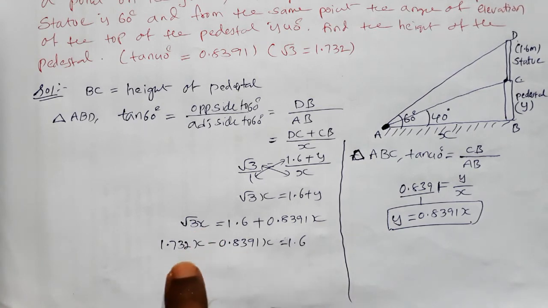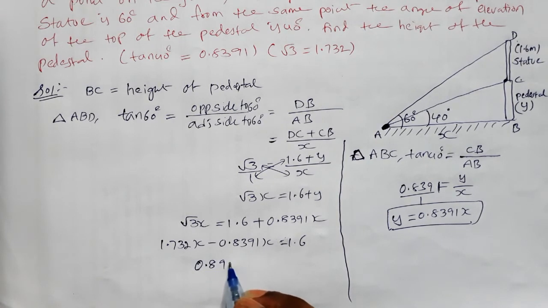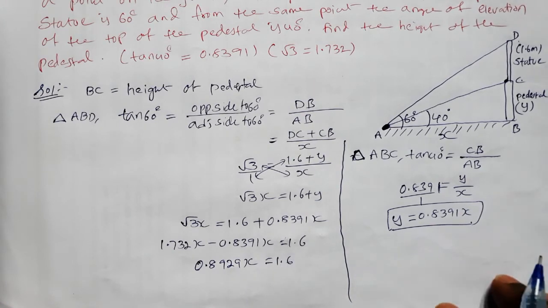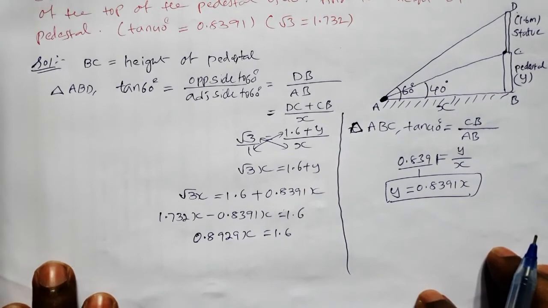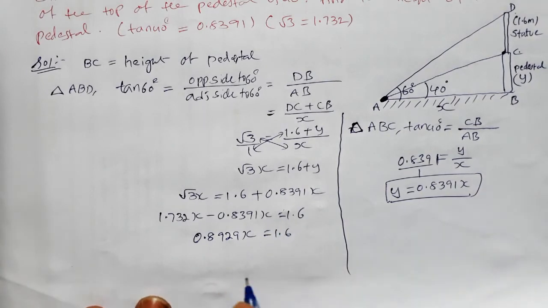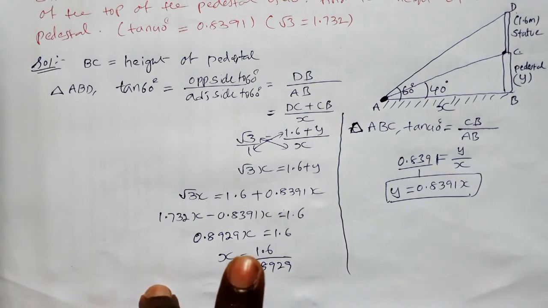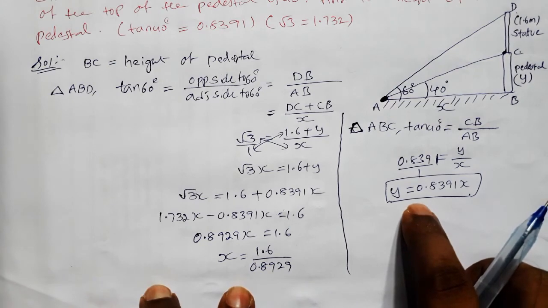So both we have to subtract now: 1.732x minus 0.8391x. If you do the subtraction, you will get 0.8929x equals 1.6. Next, we have to find the x answer. x is equal to 1.6 divided by 0.8929.